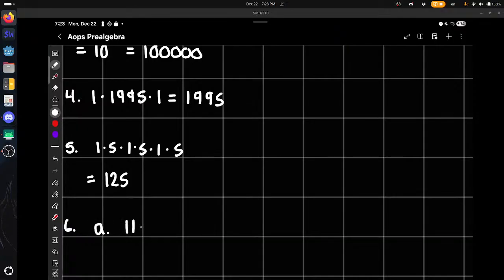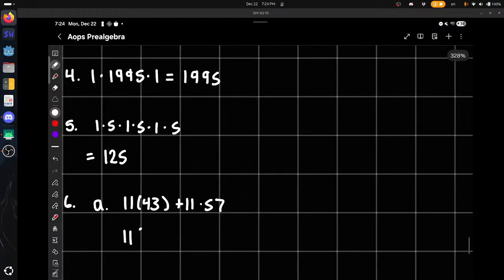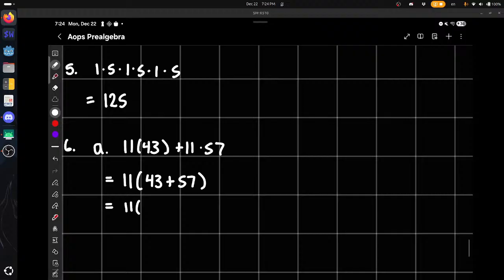So 11 times 43 plus 11 times 57. So right now, in its expanded form, we could take the common factor of 11. Now we have 43 plus 57, which equals, what is that? That is 100. So now, just do this.